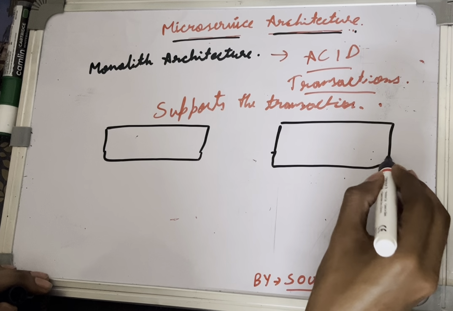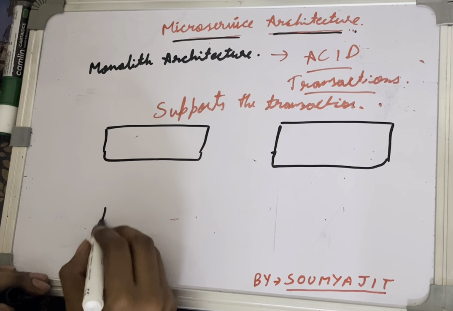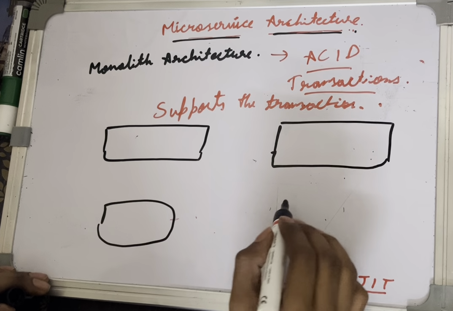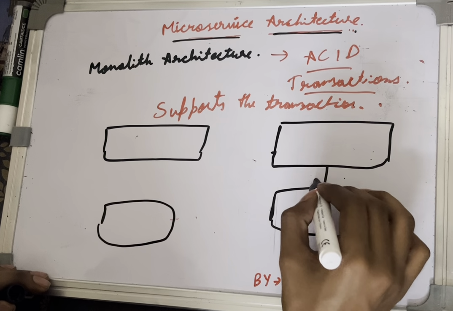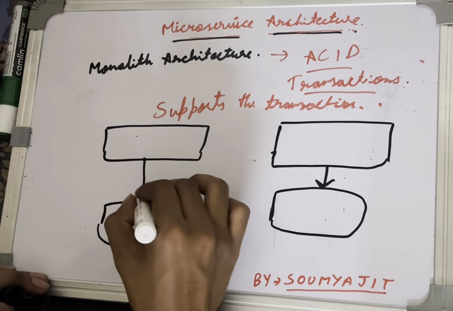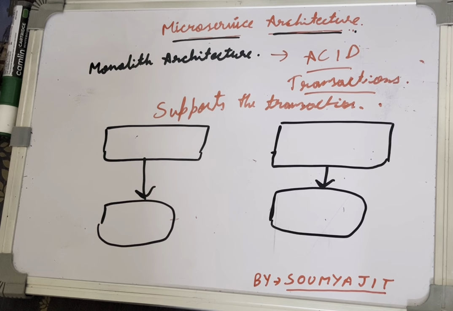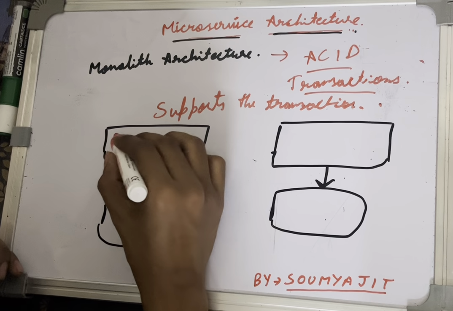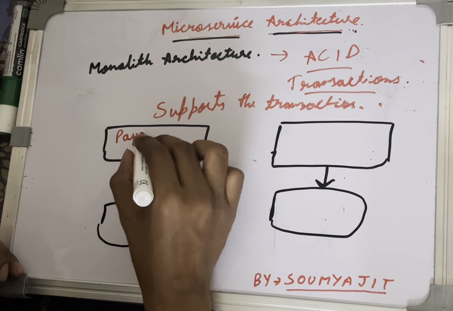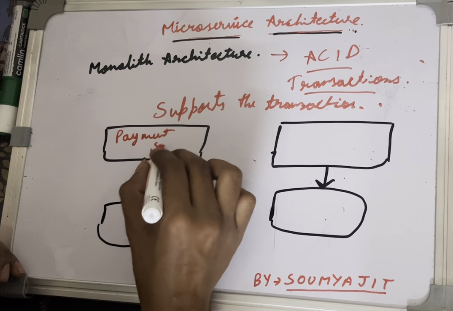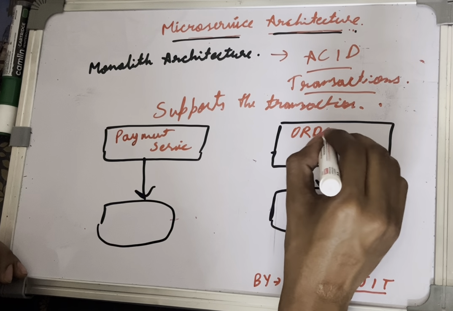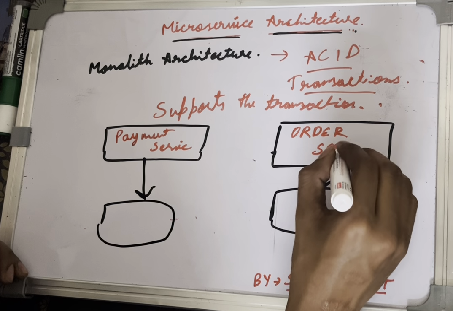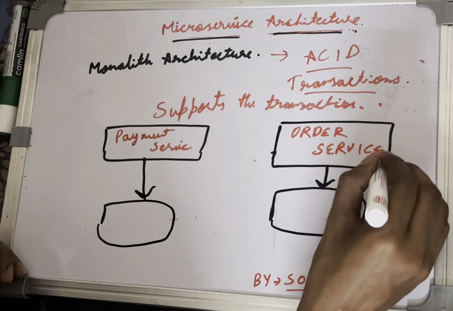In this diagram we will get to know about it. On what basis I was telling you this, right? Let's take it is payment service and it is order service, right?